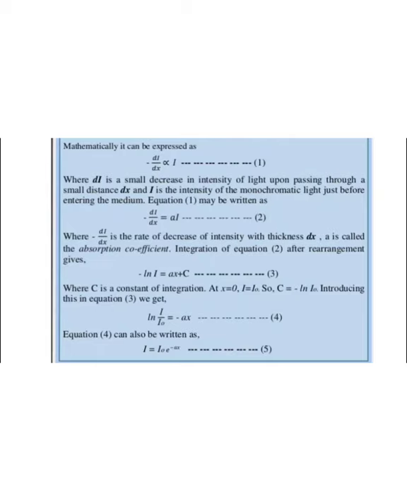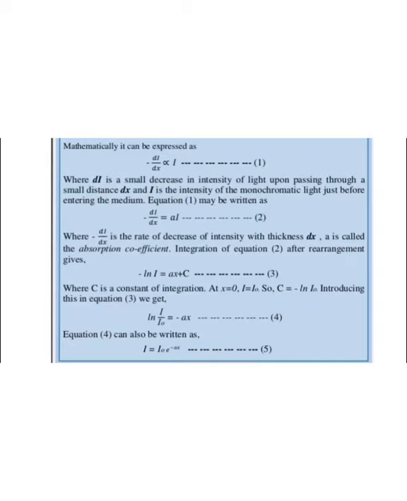Here, minus dI is a small decrease in the intensity of light upon passing through a small distance dx, and I is the intensity of monochromatic light just before entering the medium, the incident or initial intensity.